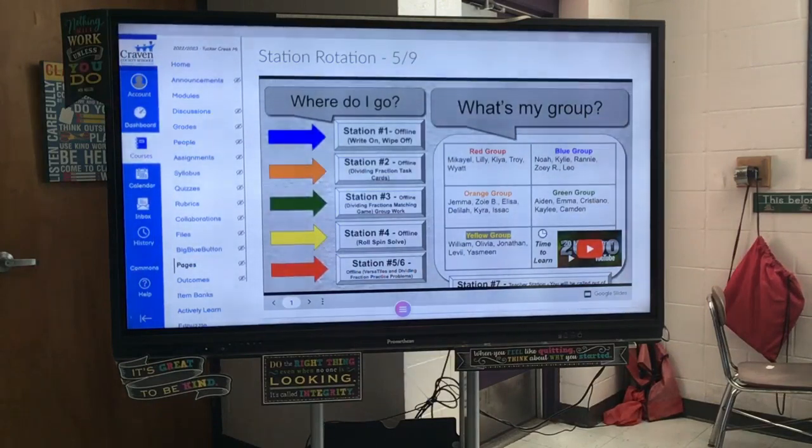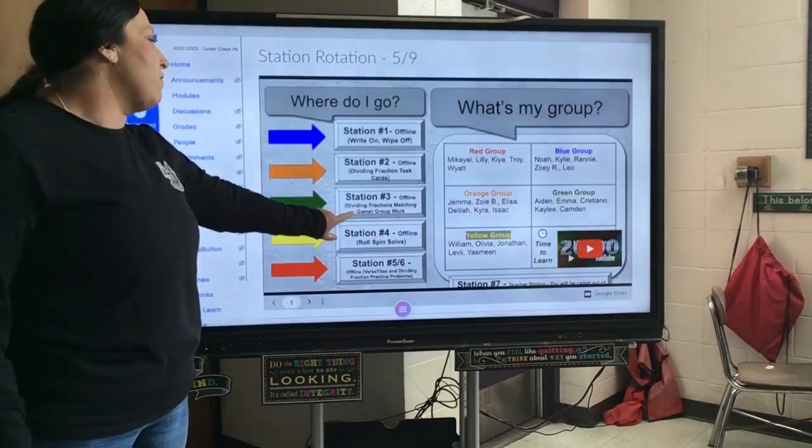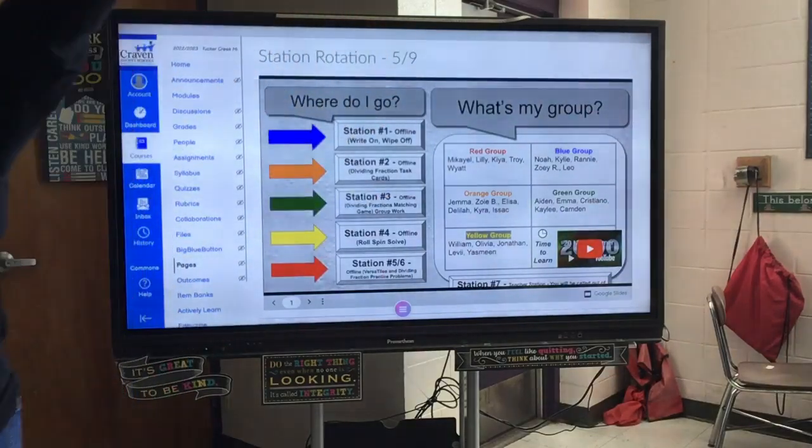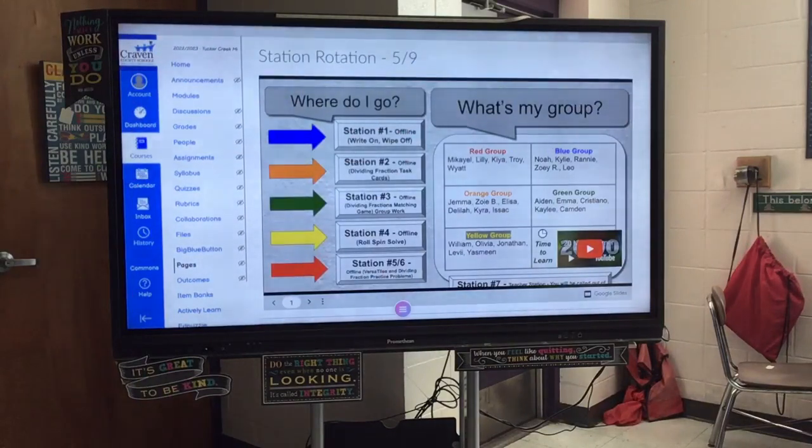All right, so my orange group, so Gemma, Zoe, B, Elisa, Delilah, Kyra, and Isaac, you guys are moving here. I think there's actually only 3 of you in the room right now. So get up and move over there if I just called your name. Dividing fractions matching game, which is William's group. That's my green group, Aiden, Emma, Cristiano, Kaylee, and Camden, head over there.